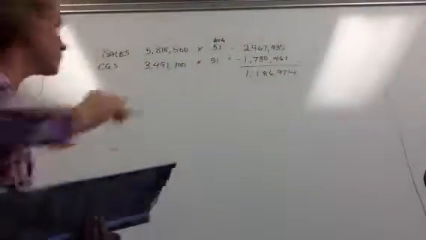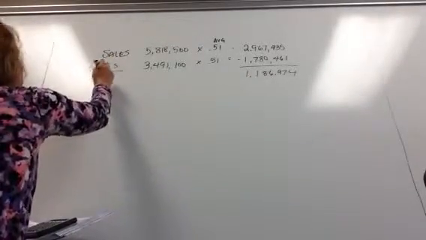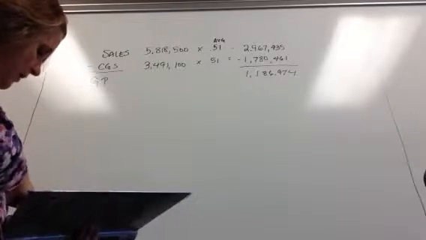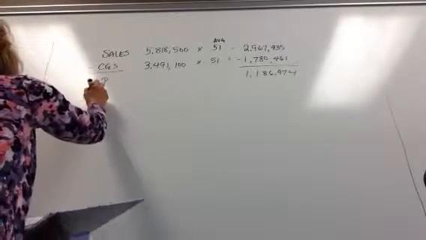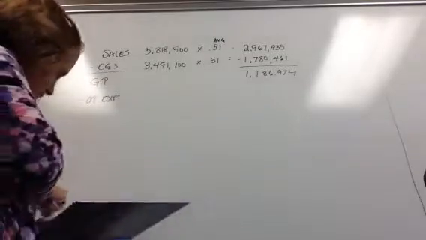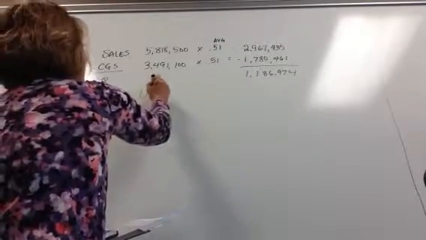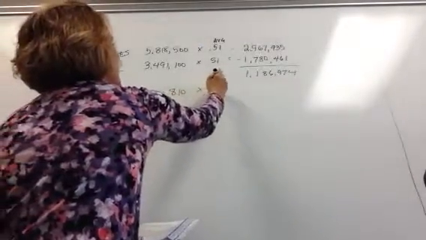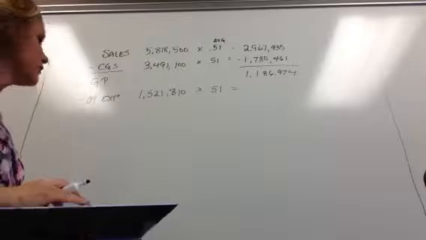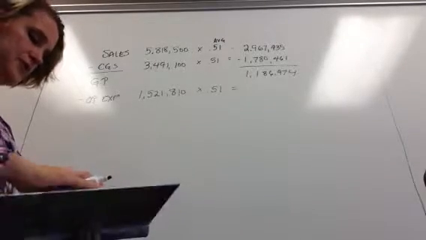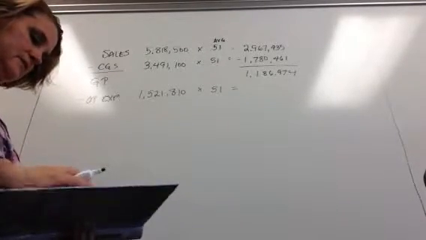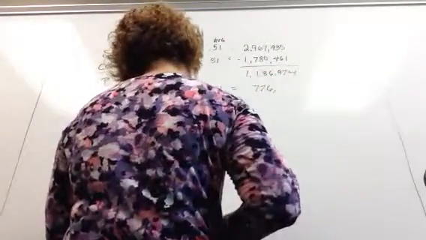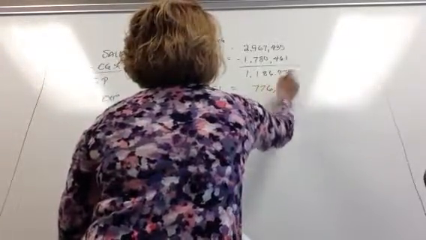From that gross profit, we're going to subtract out our operating expenses, and those are $1,521,810, again in the Brazilian real. Multiply that by 0.51 to convert it into US dollars, and that gives us $776,123.